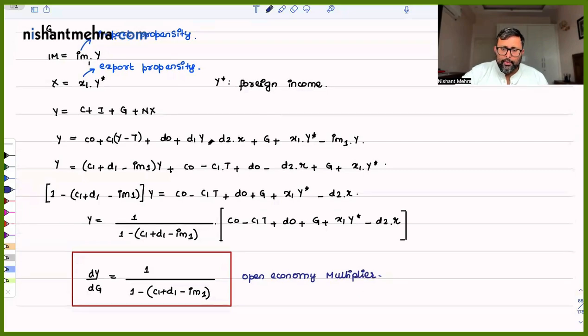In the closed economy, everything would have been there, but there won't be this X1 Y star and IM1Y, right? So I can just copy this.